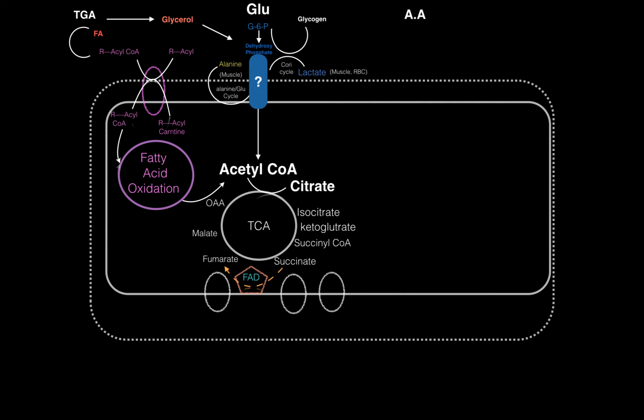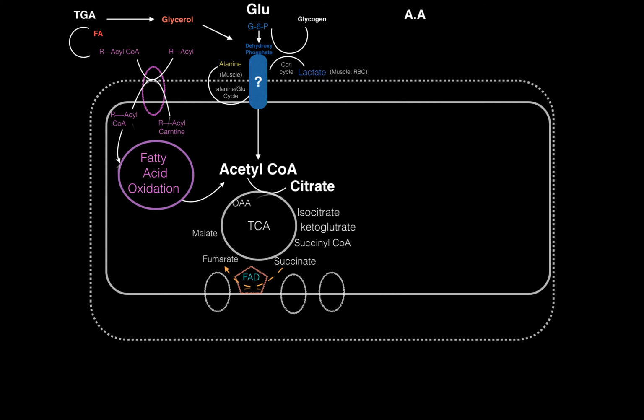Once we get acetyl-CoA, it will enter the TCA cycle. However, if we have odd chain fatty acids, we cannot produce acetyl-CoA alone. We'll produce a 3-carbon structure called propionyl-CoA. We will not talk about it in these lectures.